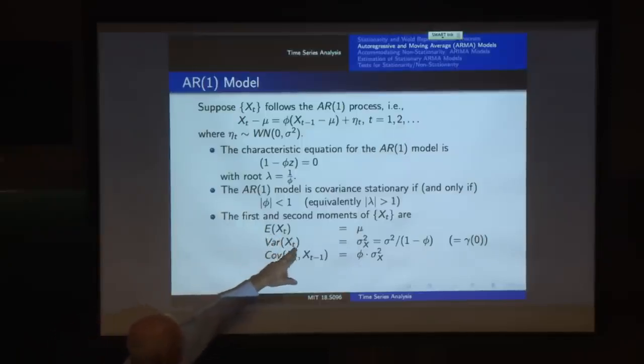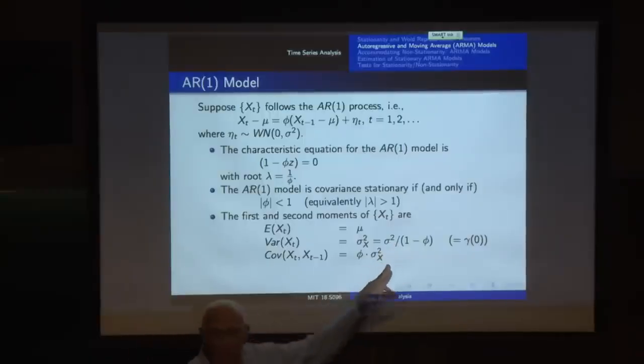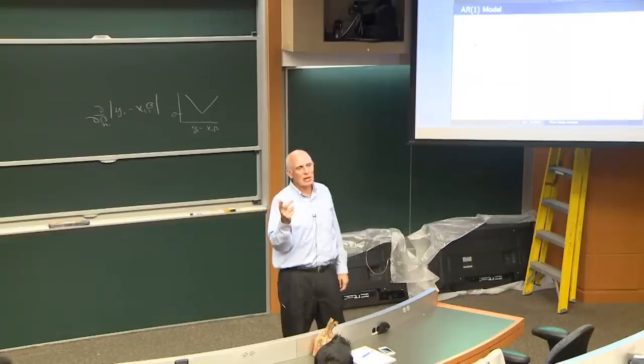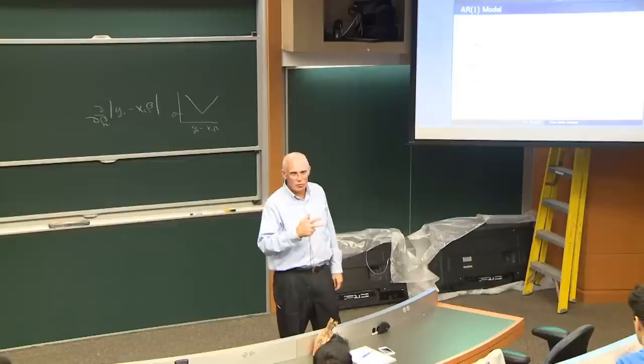The expected value of x is mu. The variance of x is sigma squared x, which has the form sigma squared over 1 minus phi squared. That expression is basically obtained by looking at the infinite order moving average representation.